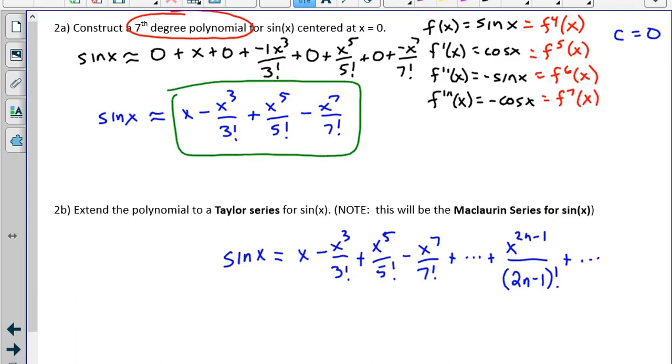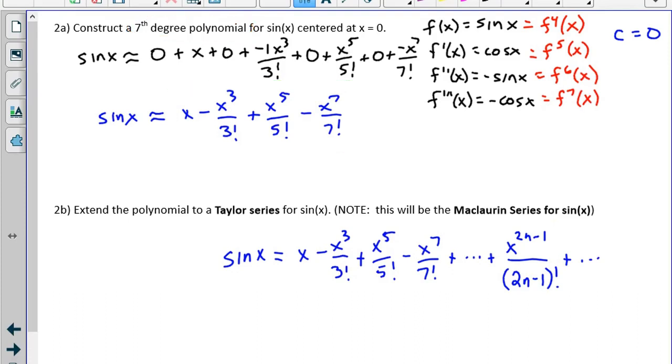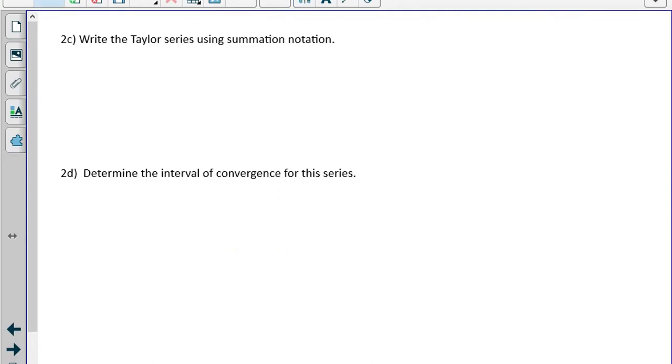So if it asked me for a 5th term, I would definitely have to add x to the 9th over 9 factorial. That would be something that I would have to continue to add there in order to get a 5th term. So one thing that you have to notice is the difference between when they ask for a degree and the number of terms.